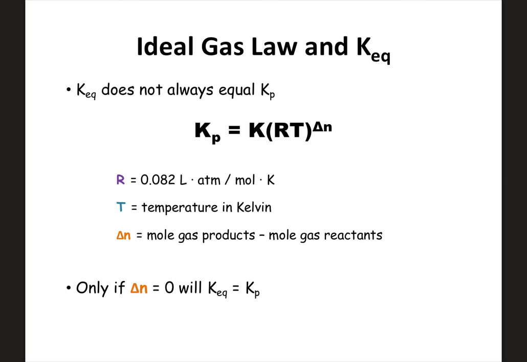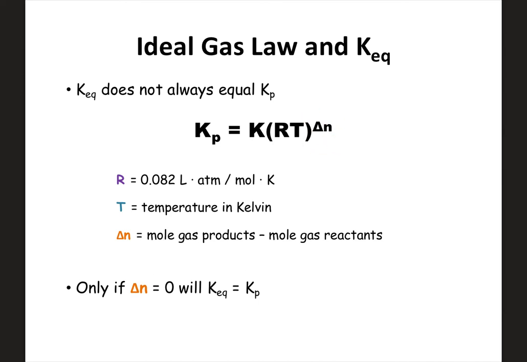I just want to point something out in case you see anything with this. This is kind of an old school AP thing. I'm not going to make you do this or calculate this, but there's just something I want you to realize here. KEQ does not always equal KP technically. There's this little equation here, and the only way KEQ and KP would be equal is if this delta N right here was equal to 0.